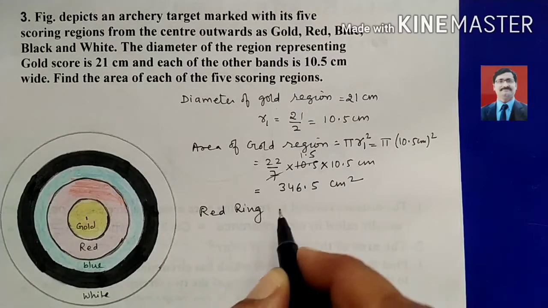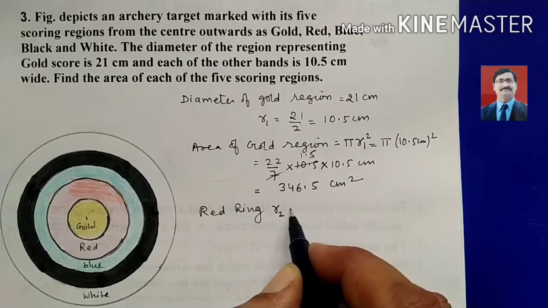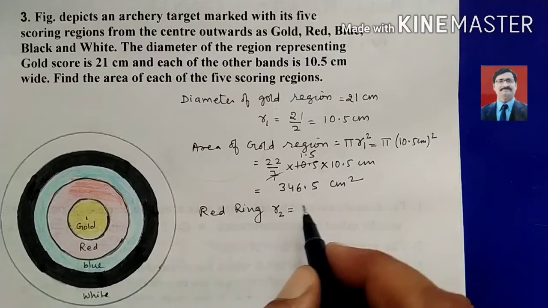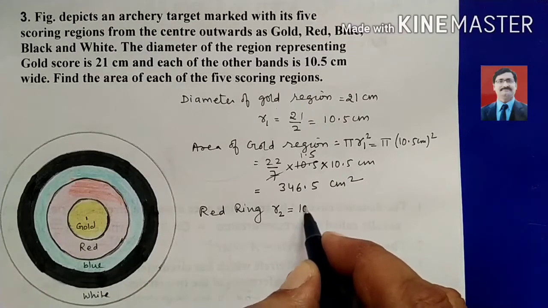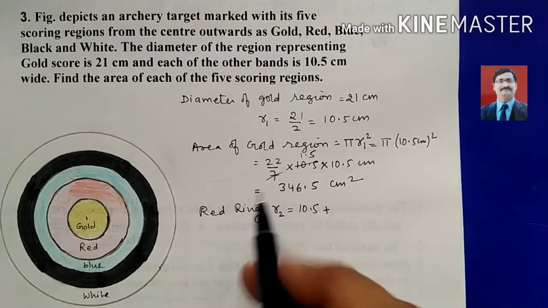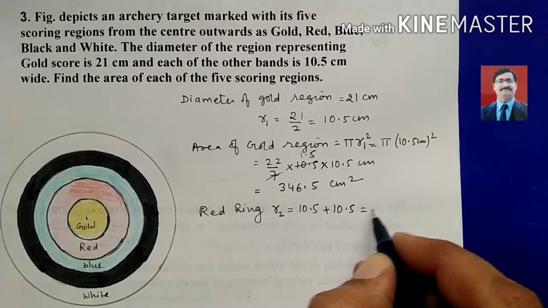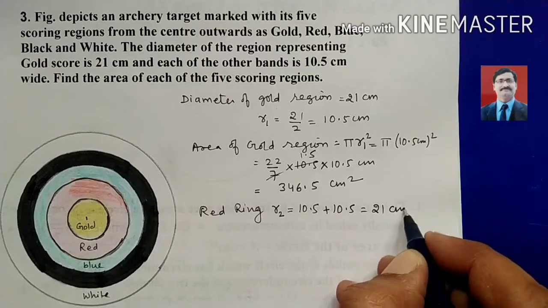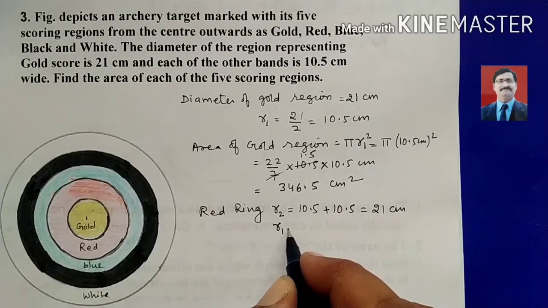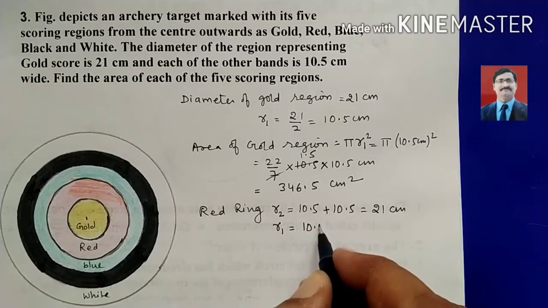Now we have the second, the red ring, whose outer radius is 10.5 plus the width 10.5, so we can add, and we get 21 centimeter. Inner radius is r1 and that is 10.5 centimeter.